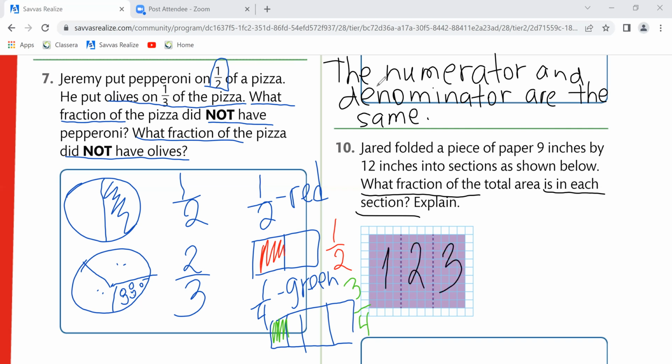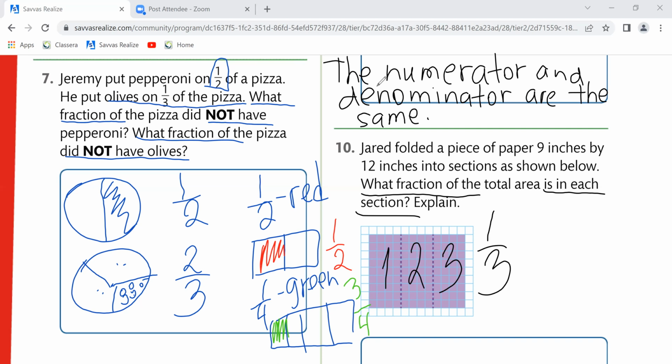Tell me fraction for one part. That's it. You are thinking too much. The question is fraction about one section. That's it.